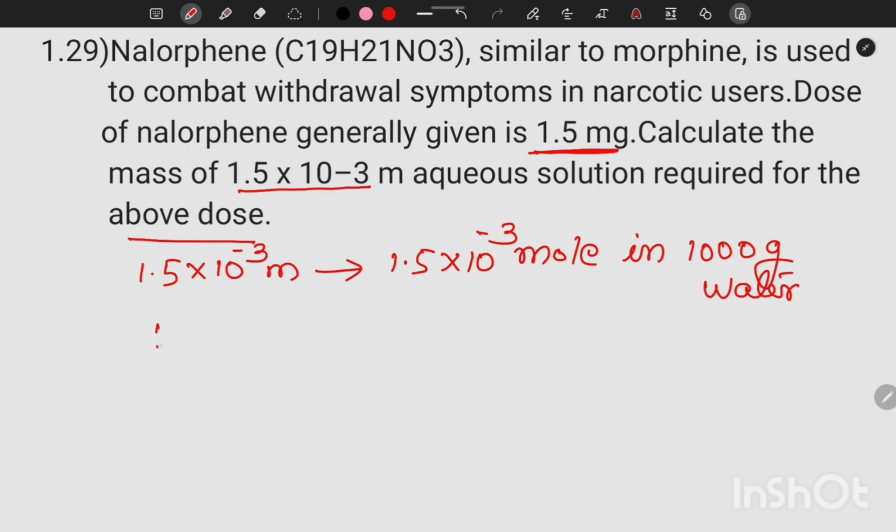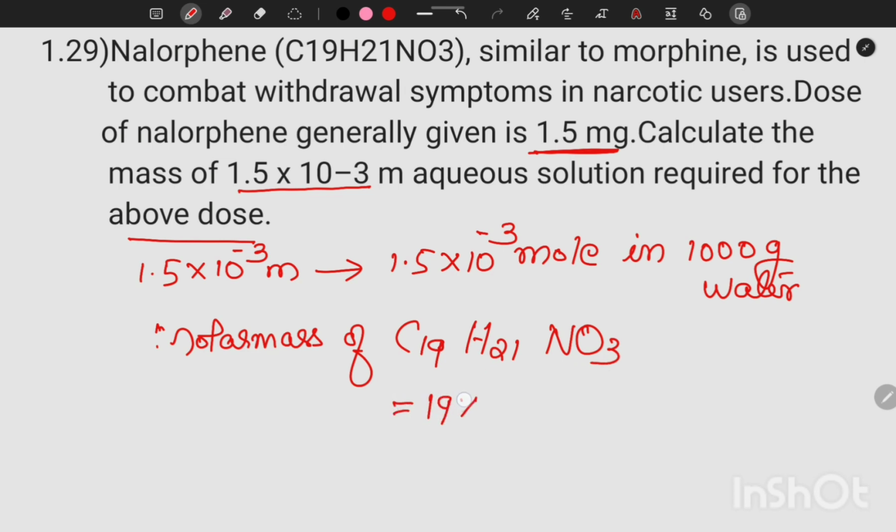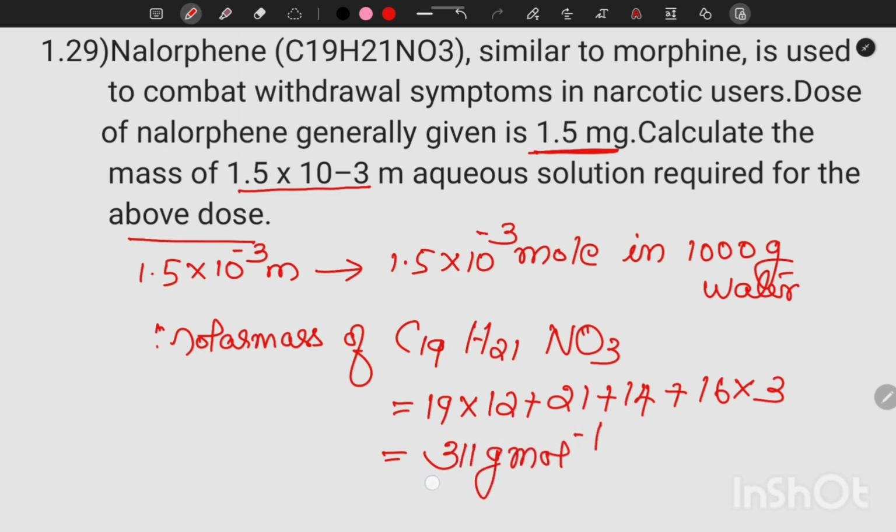So molar mass of nalorphine is equal to 19 into 12 plus 21 plus 14 plus 16 into 3. So when we simplify, we will get 311 gram per mole.